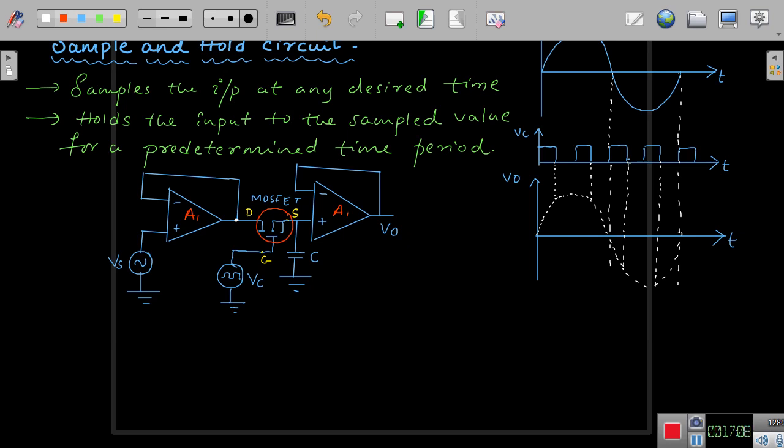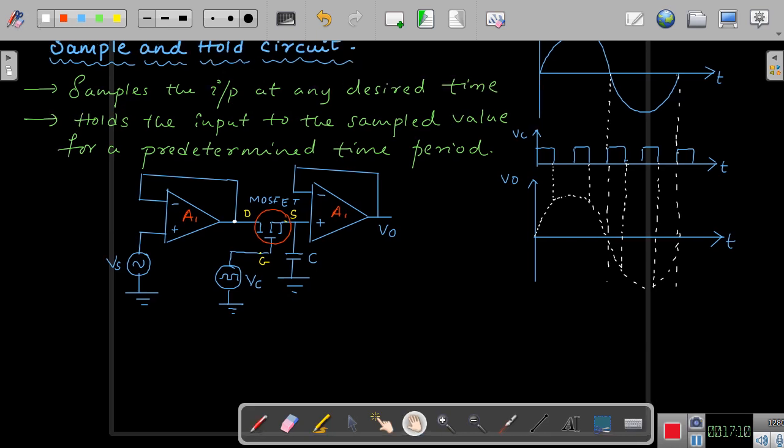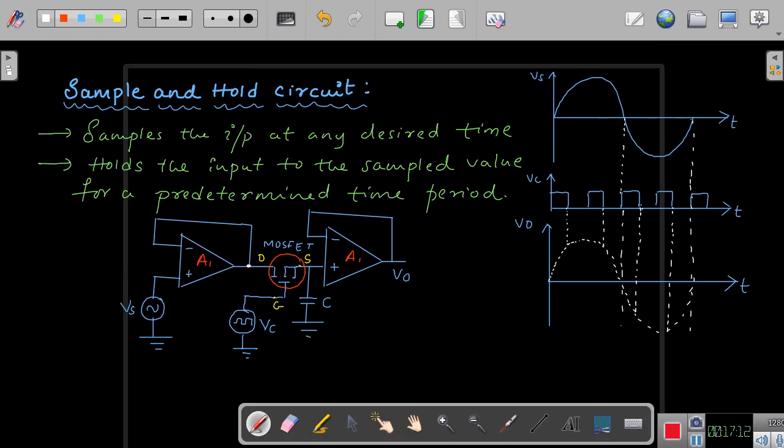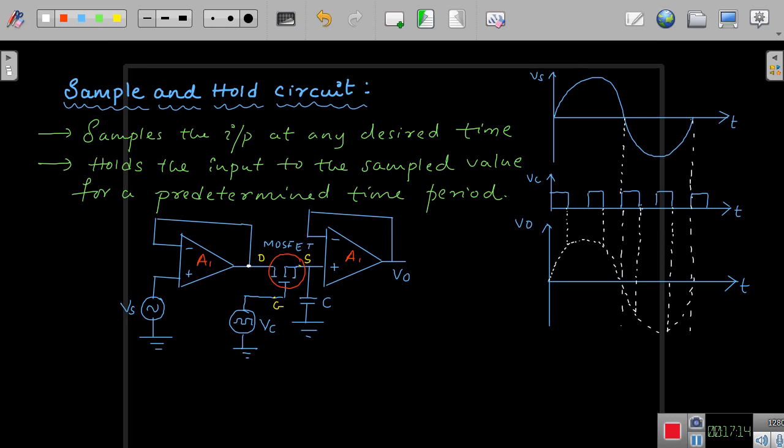Initially, you can see, when I increase the input voltage like this, as long as the MOSFET is conducting, that means from this instant to this instant, your MOSFET is on.